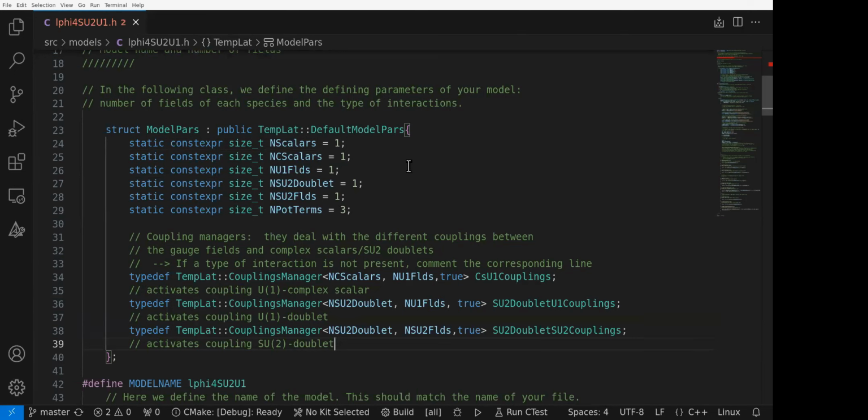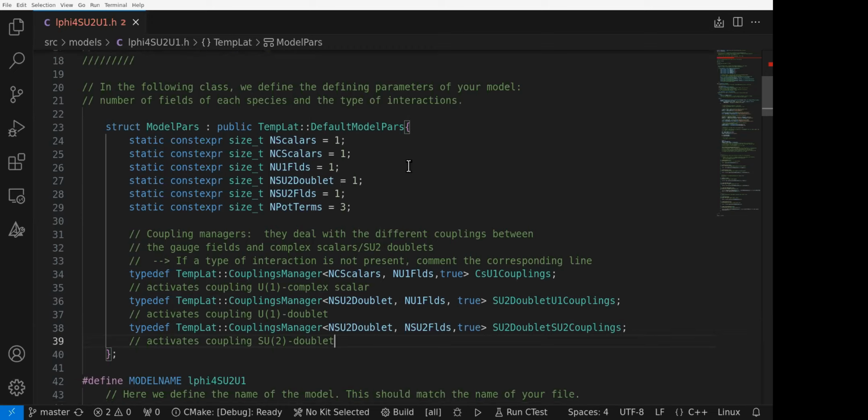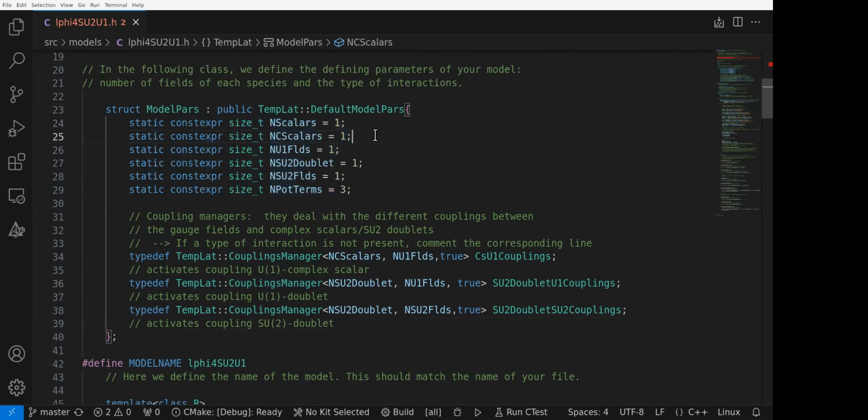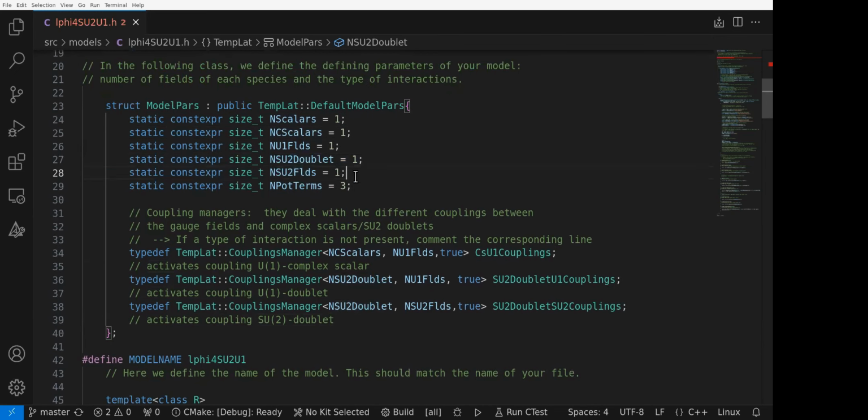So the only thing that you have to do, if you're happy with just having the gauge fields evolving by themselves, is to change the potential and change the number of fields in this default model parameters. These parameters tell you how many doublets and how many gauge fields you have.